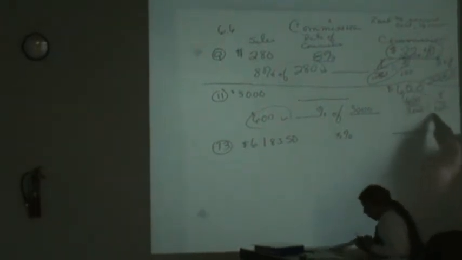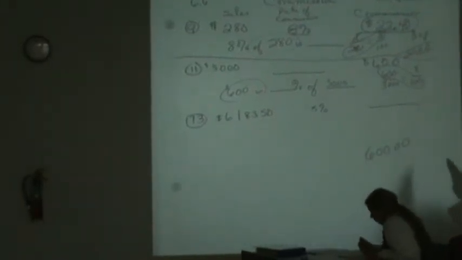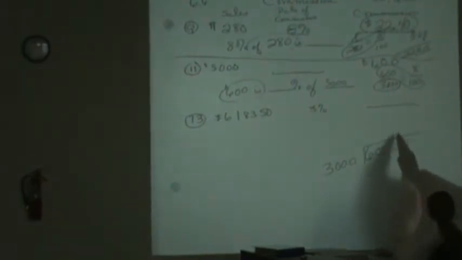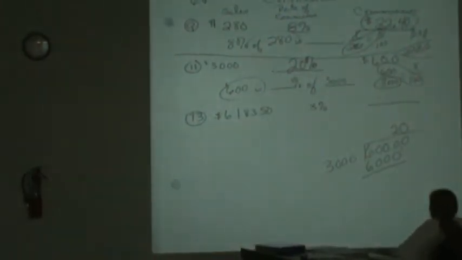So do that times that. 600 times 100, add 2 zeros, right? Divide it by 3,000. So it's 20%. That's a good commission, 20%. Even 10% is a good commission.